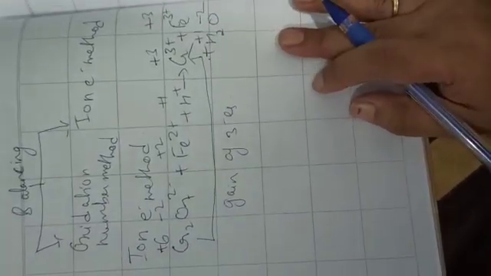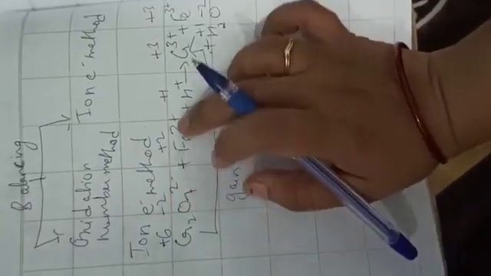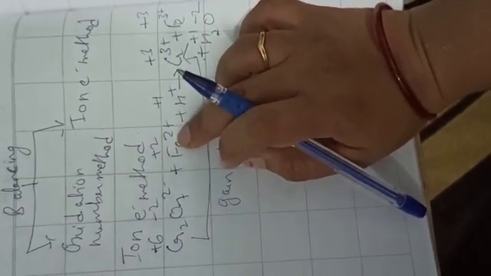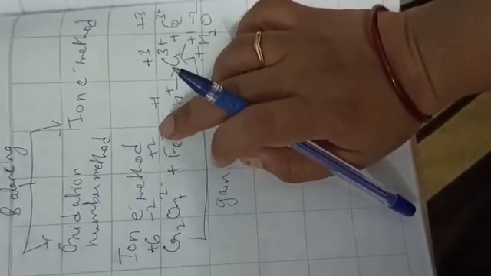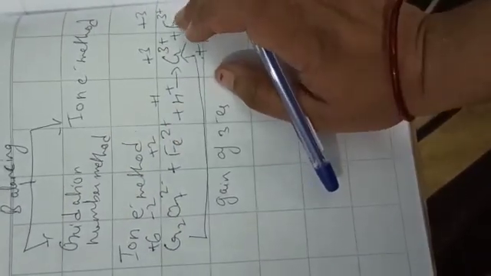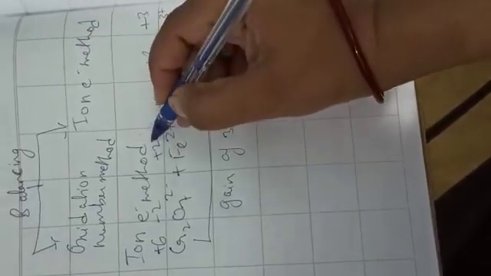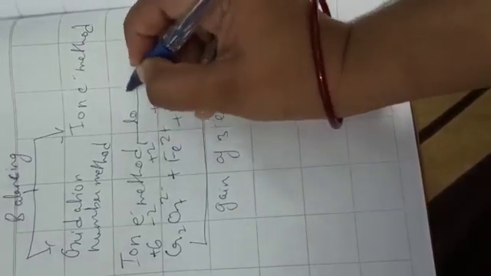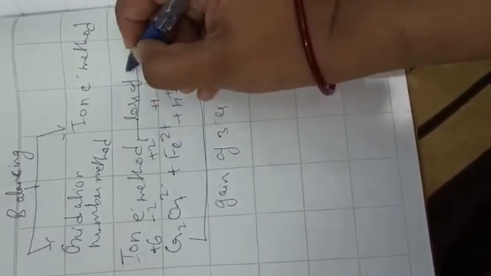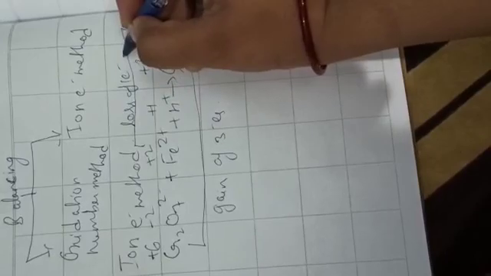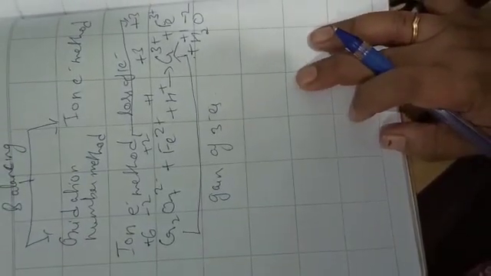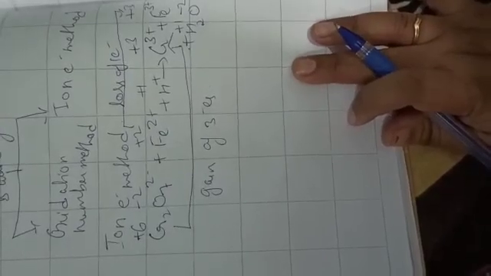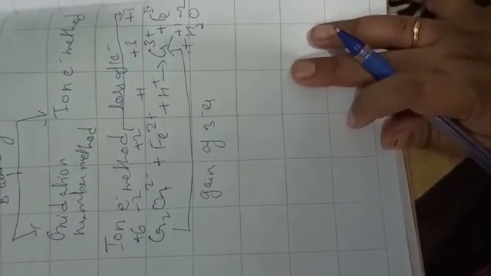In the case of iron, the oxidation state of iron is +2 here, and here it is +3. It means there is a loss of 1 electron in this case. As you all know, the gaining of electrons is reduction and the losing of electrons is oxidation.